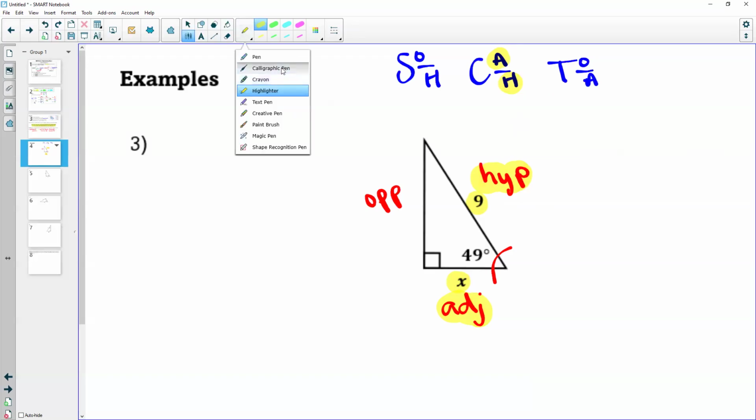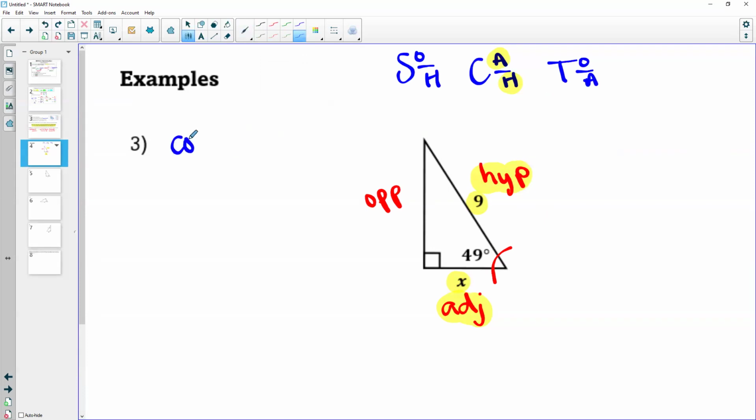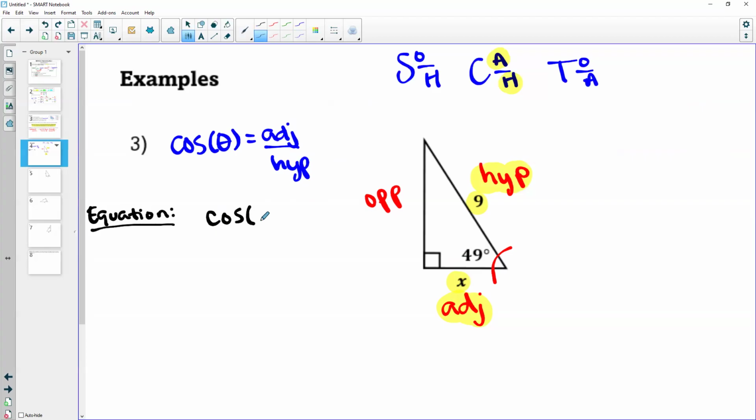So what we're going to do is set up an equation here. Keep in mind that our ratio for cosine is set up the following way. Cosine of theta is equal to adjacent over hypotenuse. So our setup is going to be cosine of theta.